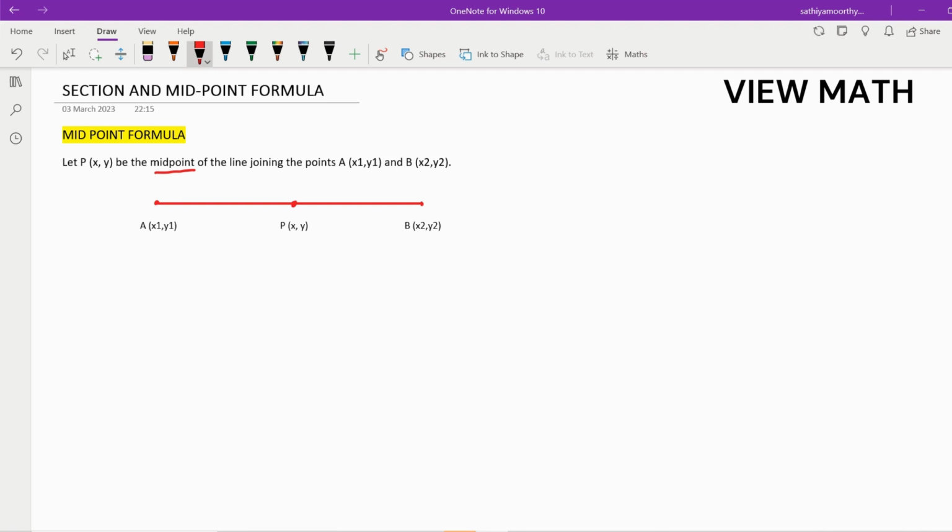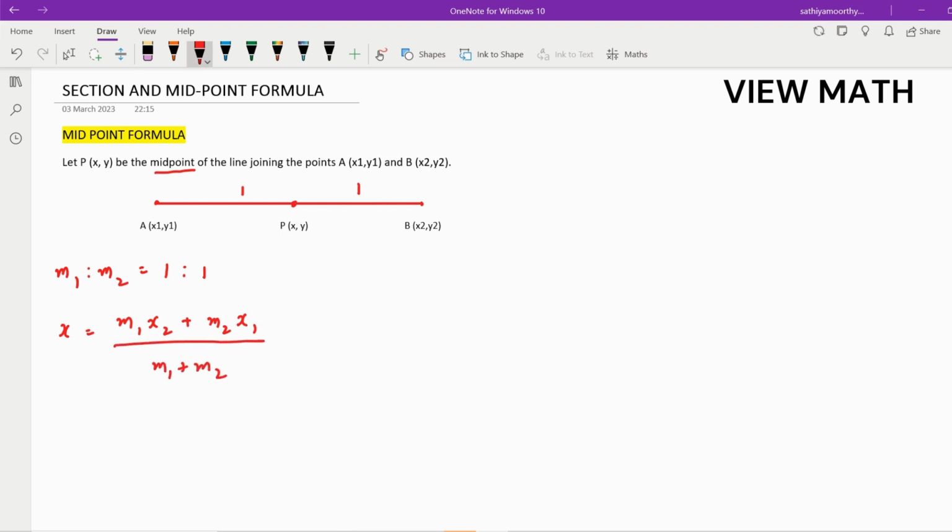Now since P is a midpoint, I can say it is dividing the line AB in the ratio 1:1. So here m1 is to m2 is equal to 1:1. We know the section formula: x is equal to (m1 x2 plus m2 x1) by (m1 plus m2).